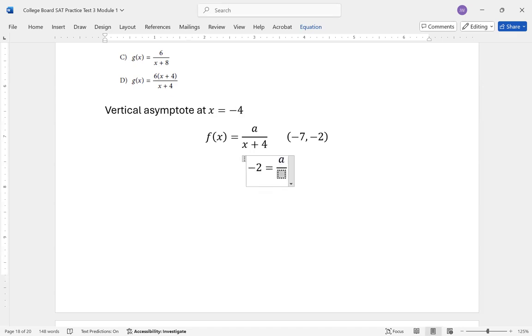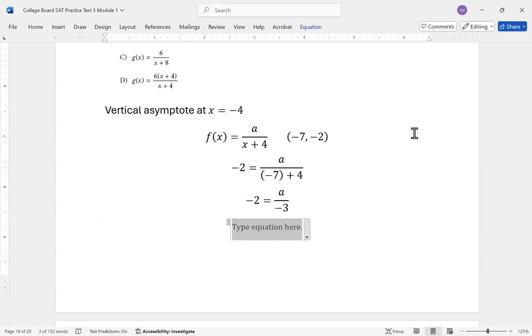So when you plug in -7 for x, your corresponding y value would be -2. We can solve that. That becomes -2 is equal to a divided by -3, which means a has to be 6 after I've multiplied both sides by -3.